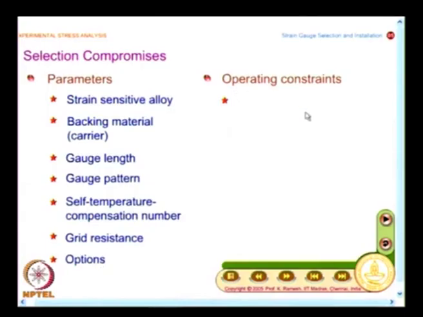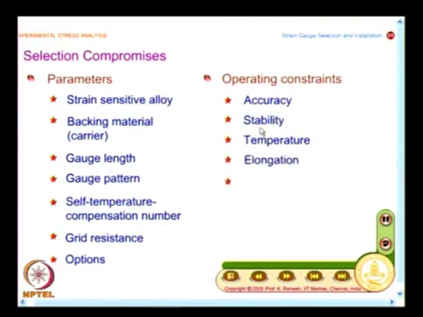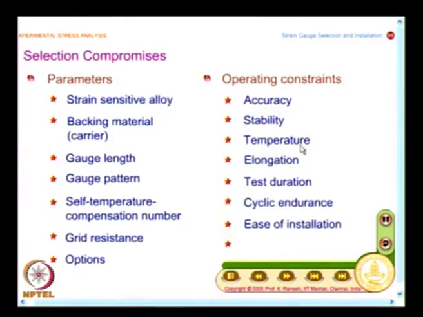And let us look at what are the operating constraints. We have to focus on accuracy, the measurement should be stable for long durations of time, and at what temperature I need to make the strain gauge measurement, and what is the level of strain I am looking at, that is dictated by the elongation, and the test duration.